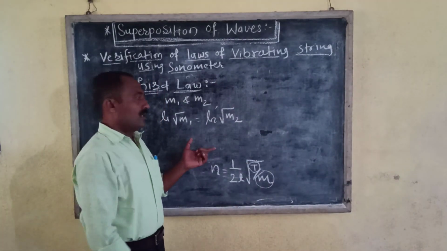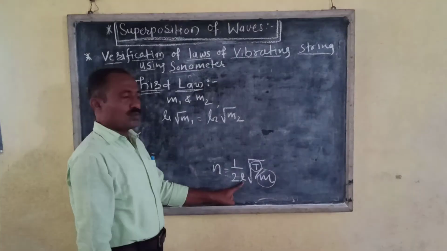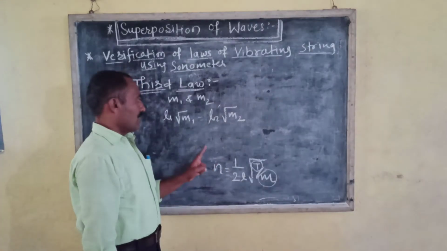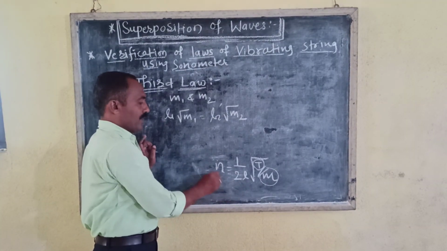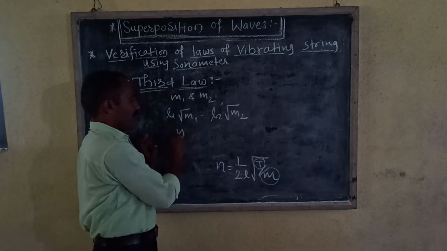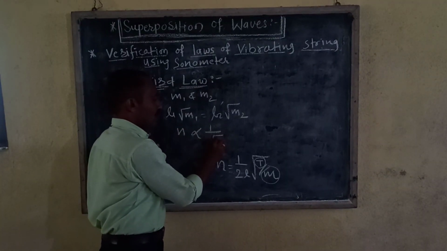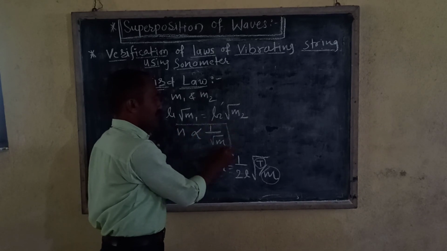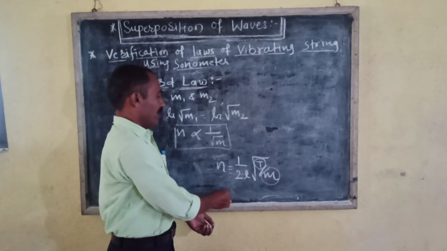As the frequency of vibration is inversely proportional to the length, the frequency of vibration N is inversely proportional to the square root of mass per unit length. This is the verification of the third law of vibrating string.